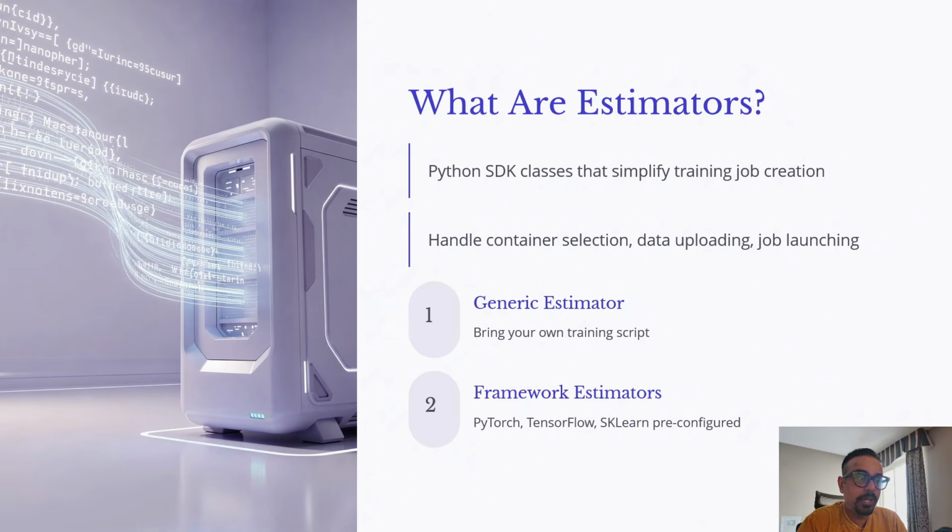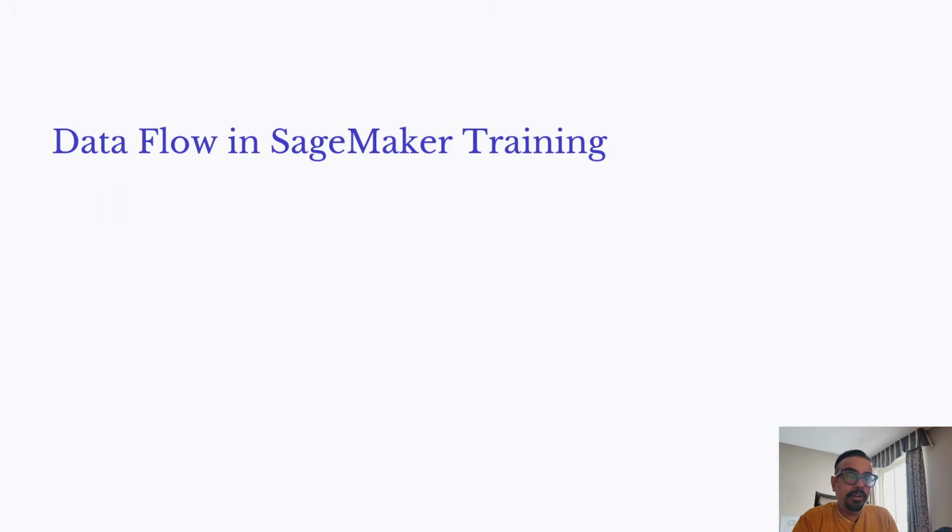A PyTorch estimator already knows which container image to use, what Python version is compatible, and how to structure the training data. You just provide your PyTorch training script and data location. These framework estimators make it incredibly easy to take existing PyTorch or TensorFlow code and run it at scale with SageMaker with minimal changes.